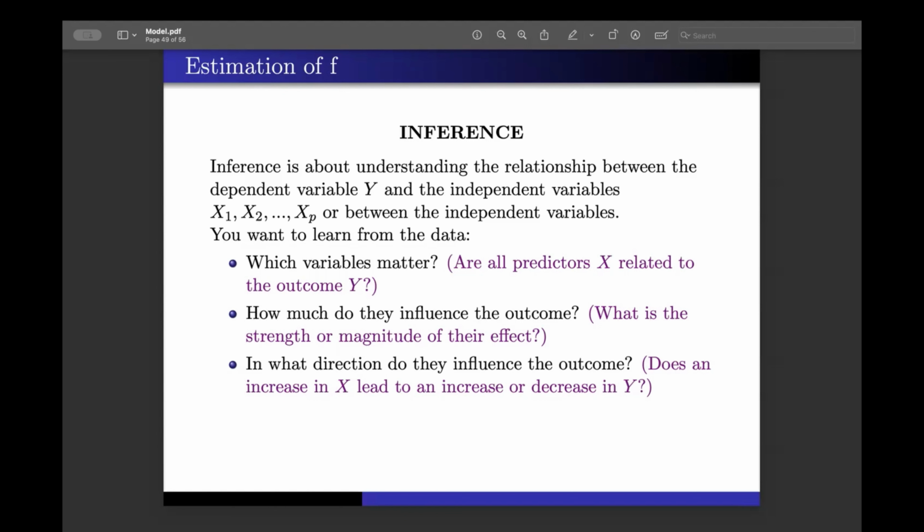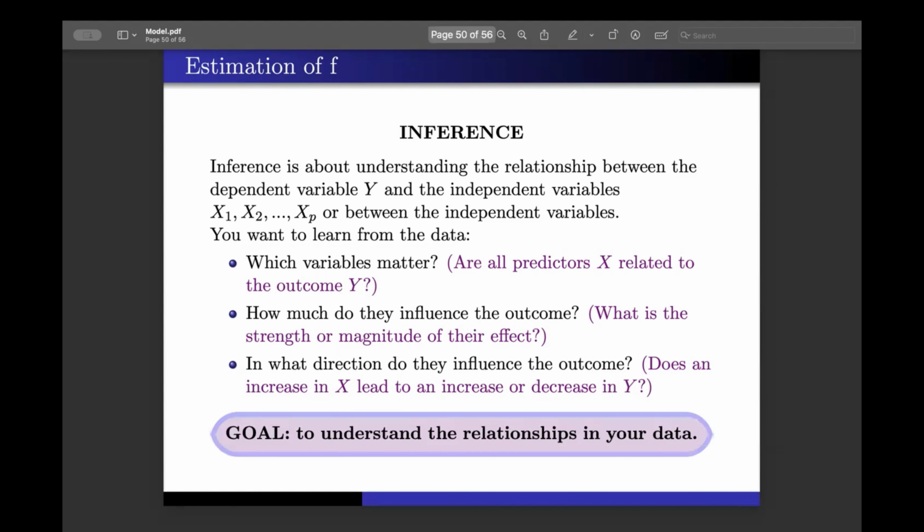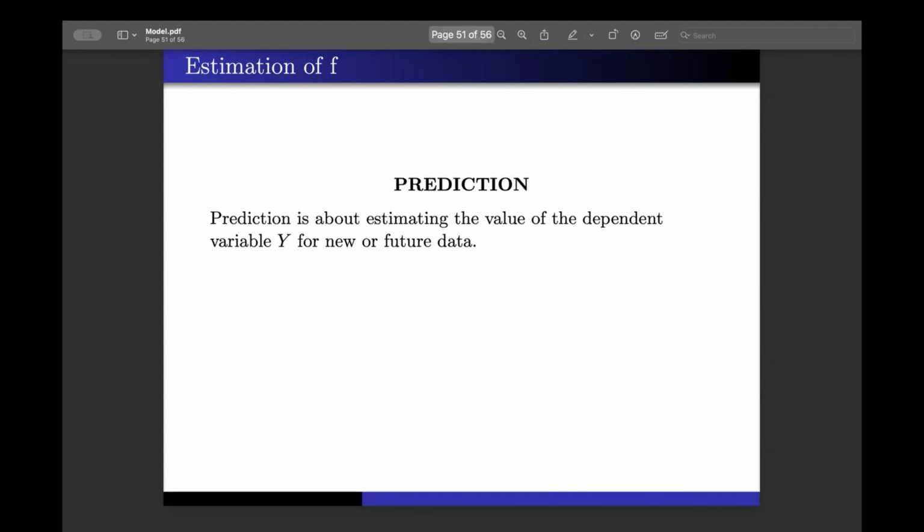So, in what direction do they influence the outcome? So, inference is all about understanding the relationships between the variables. It could be understanding the relationship between two independent variables, or between an independent variable and a dependent variable.